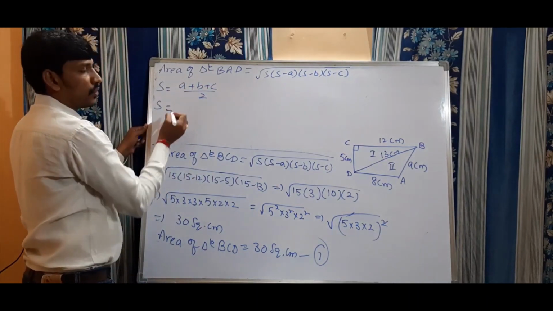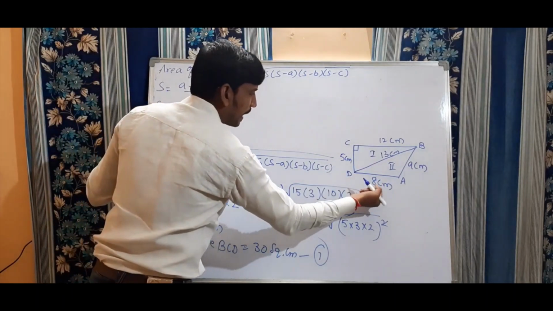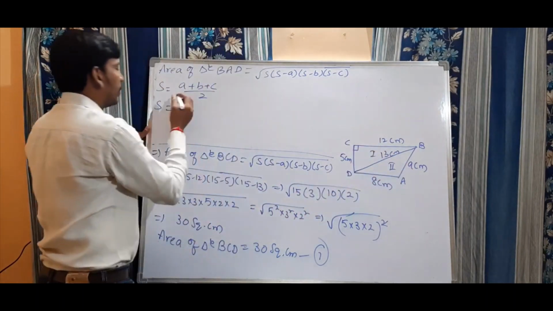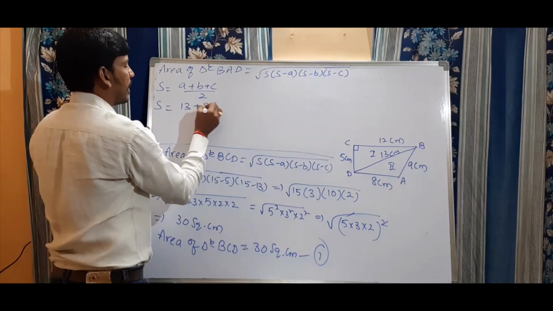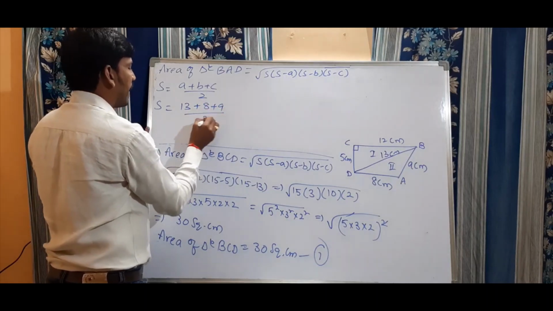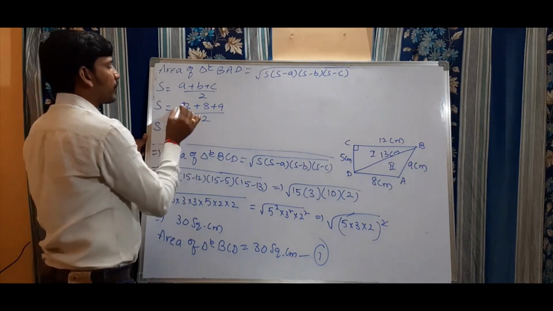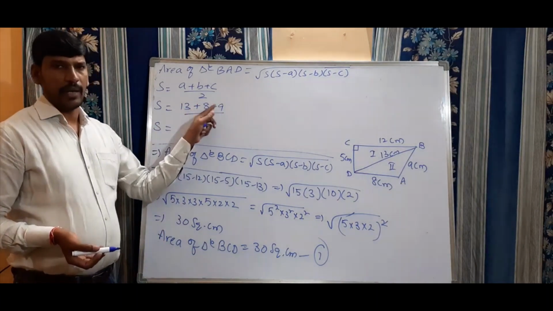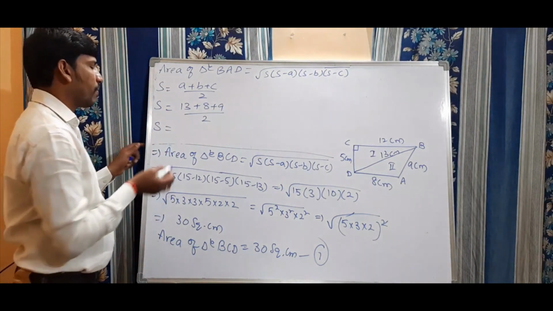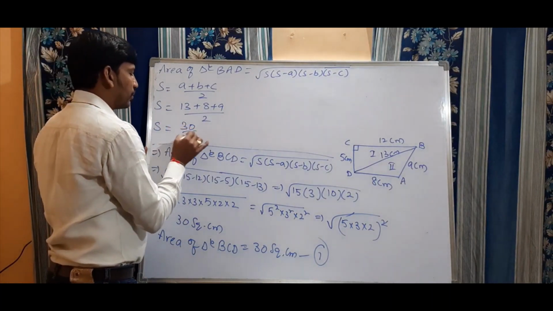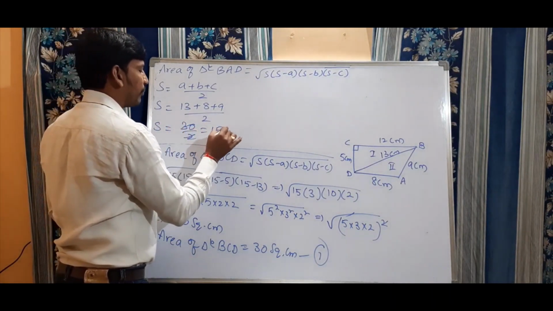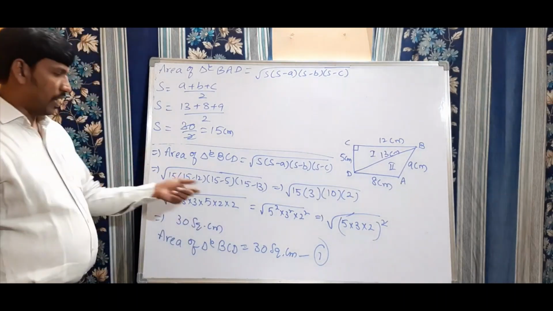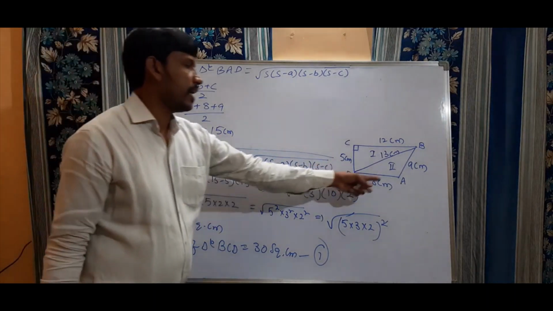What are the values? Let us take 8, 9, 13. You can take any order. 13 plus 8 plus 9 divided by 2. Then S is equal to, 9 plus 8 is 17, 17 plus 13 is 30, 30 by 2. Again here also we got 15 centimeters, but the sides are different.